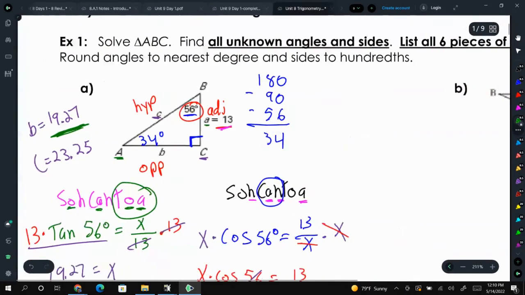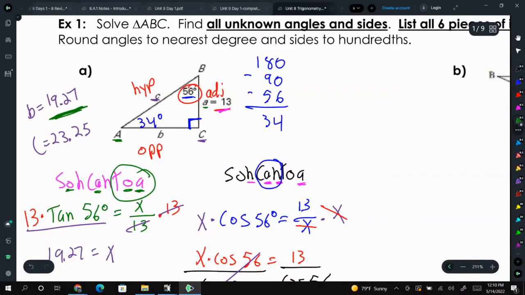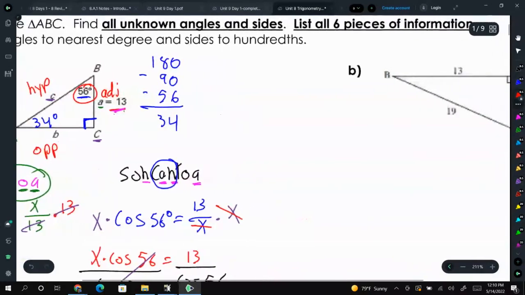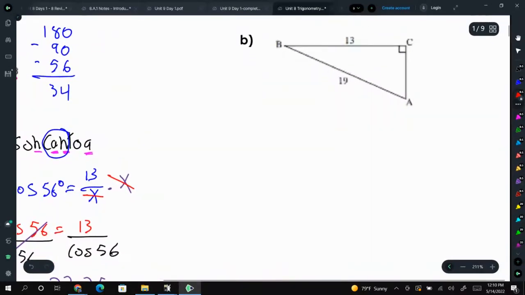So we solve this triangle. We have sides a, b, and c because a was given to us, and we have angles A, B, and C because angle C is 90 degrees. Now, for letter b, we have two sides. If we have two sides, we can use the Pythagorean Theorem to find this third.